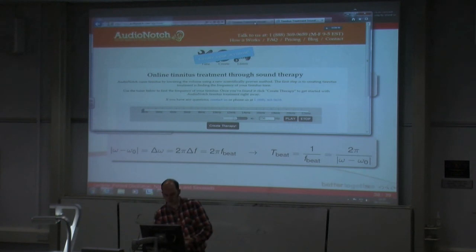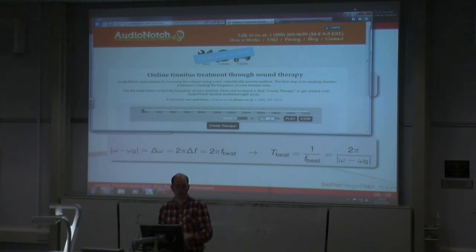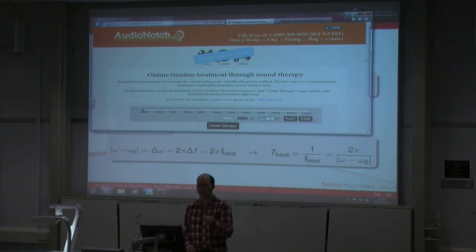If I apply 256 again, it gets a bit louder. But what I'm going to do is apply 258 hertz. So the omega naught and omega are close. Let's assume 256 is omega naught, the natural frequency of the system, and 258 is the forcing function.